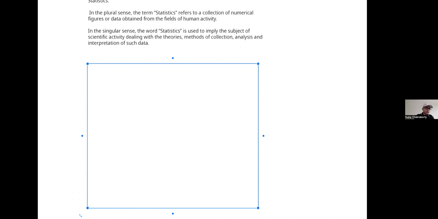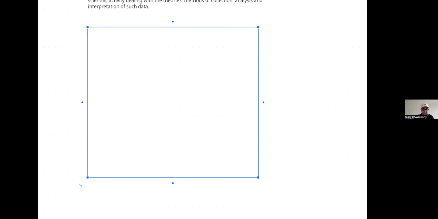That means the factors that are influencing the data that we are collecting should stay unchanged. So statistical data must be uniform in the sense that they should be subject to a stable causal system.